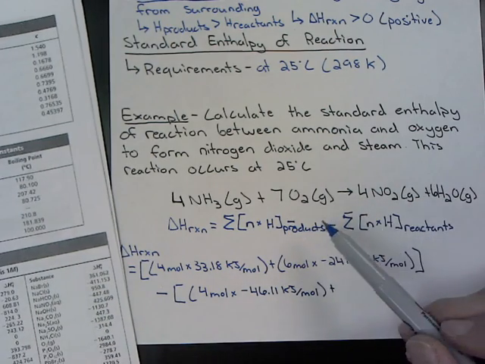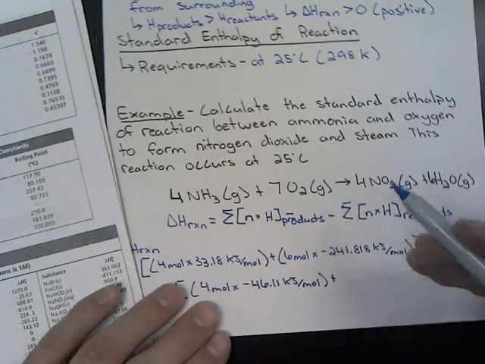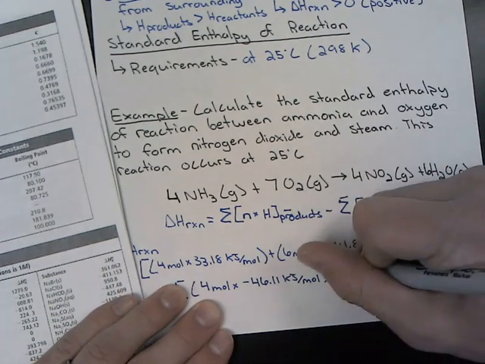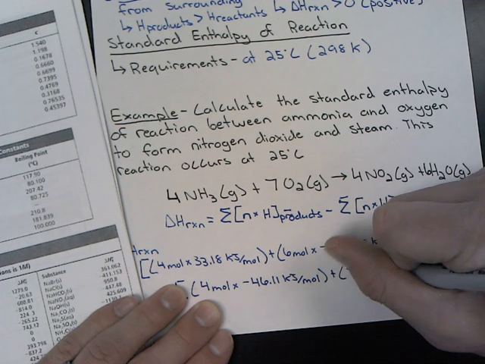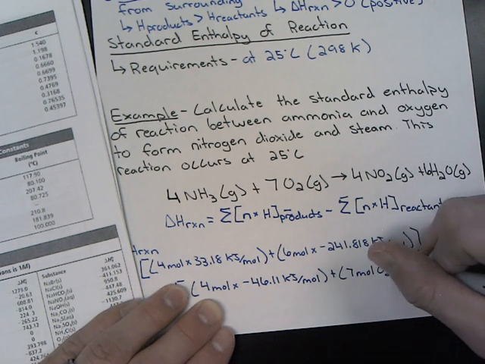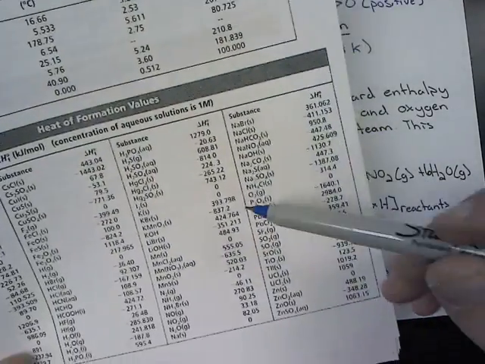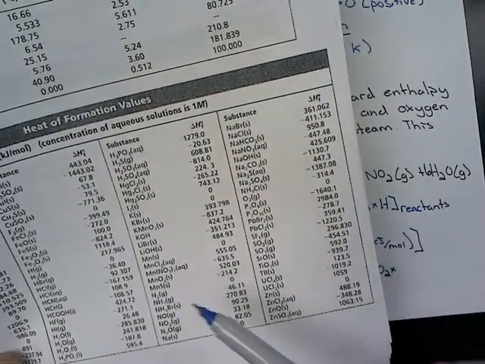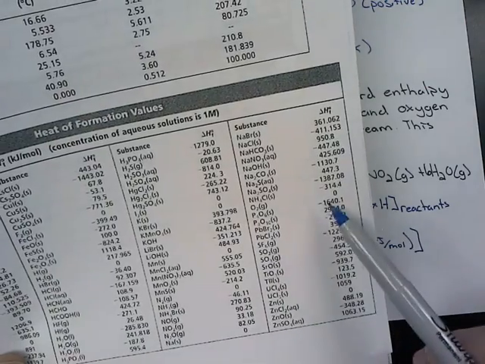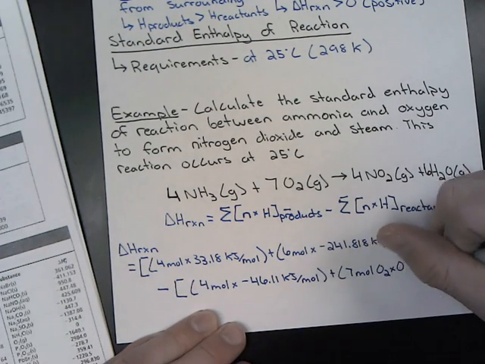We add the coefficient, which becomes our moles. There's a 7 out in front of O2, so that means 7 moles of O2 times the value for O2. Now, O2 is a gas, and if we look on this, the value for O2 is 0. So we have 0 kilojoules per mole.